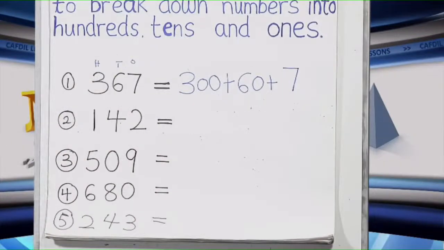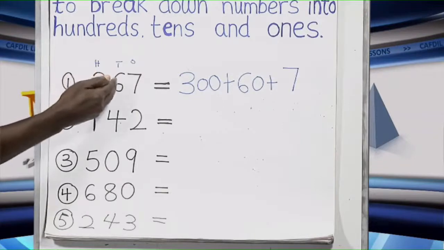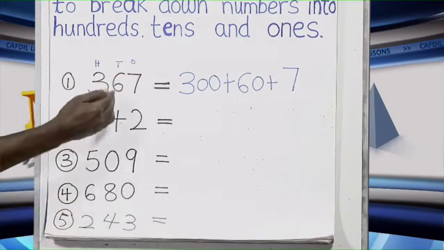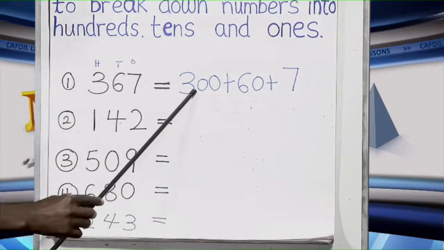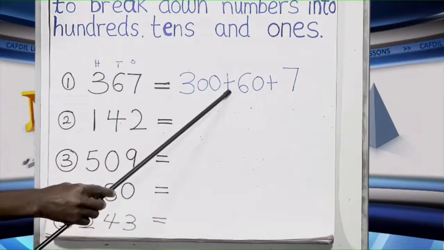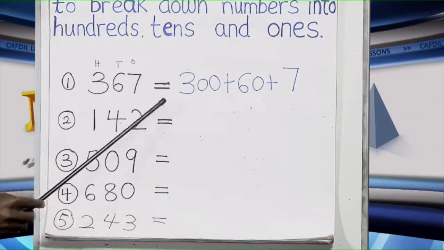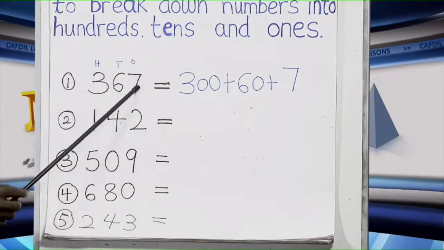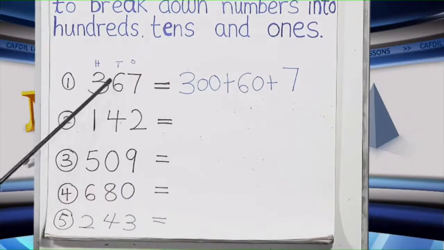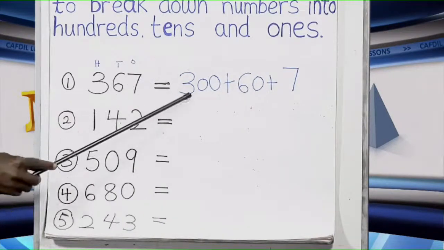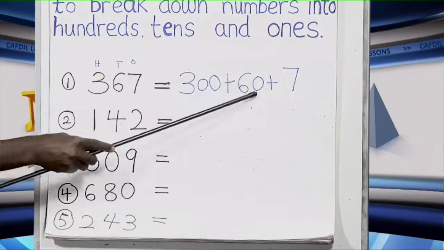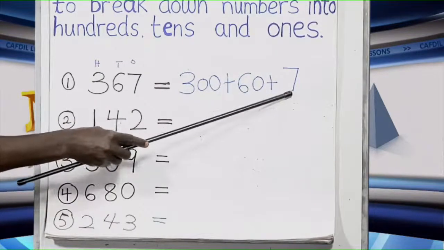Now, we have been able to separate the digits. We have 3, 6, 7. So that becomes 300 plus 60 plus 7. This gives us 367. So 367, we have 300 plus 60 plus 7.